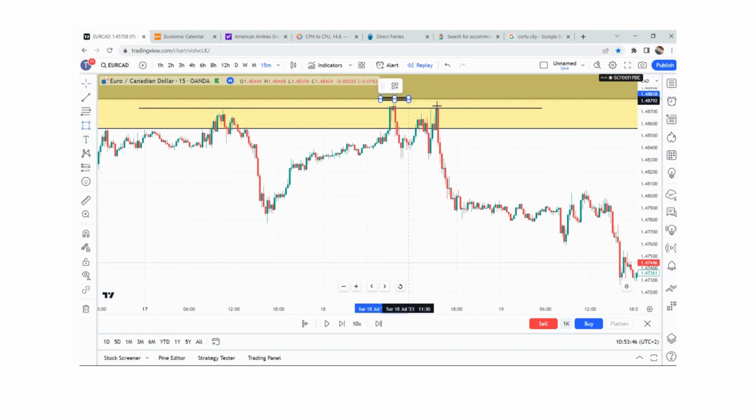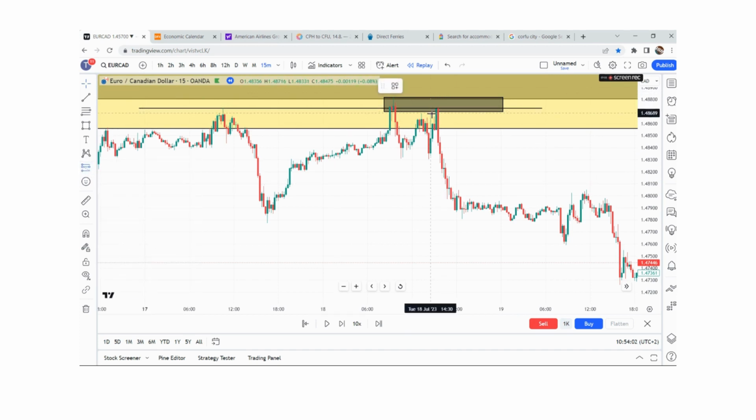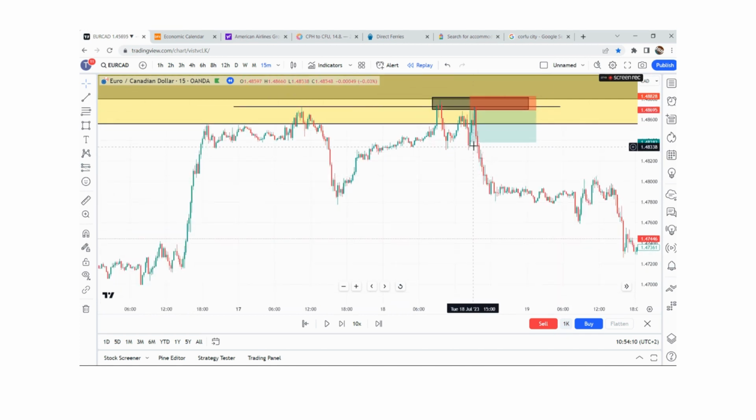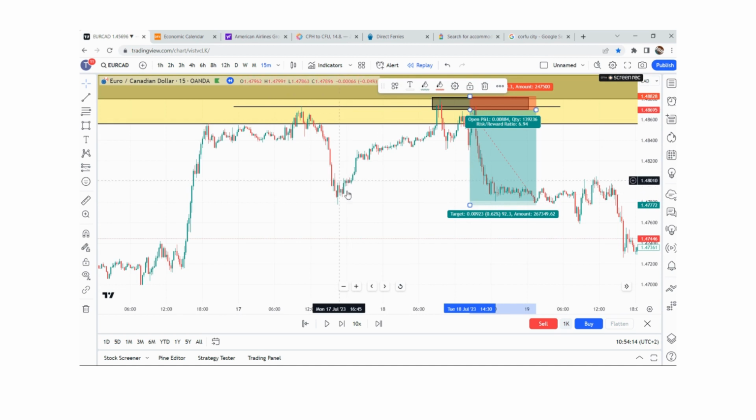right here. So I put that box on the 15-minute supply zone right here, and my entry sell limit was right here, and of course my stop loss above the level like that, and my target was below this low here, as you can see, this low, because we have liquidity down there.